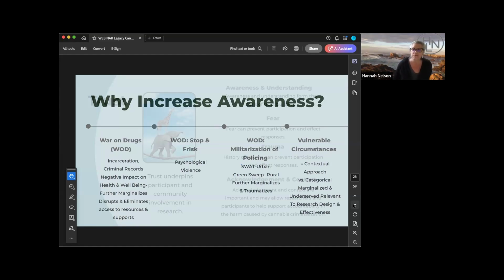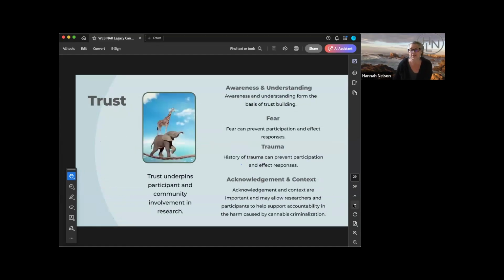Next slide, please. Underpinning all of this context is the issue of trust. If we have a better awareness and understanding, it helps build a basis for trust.